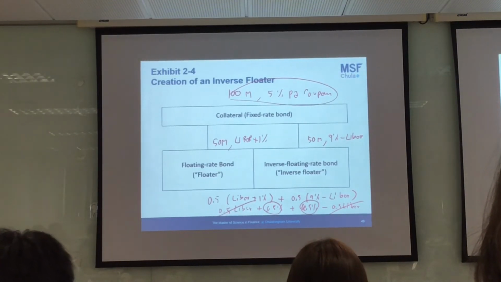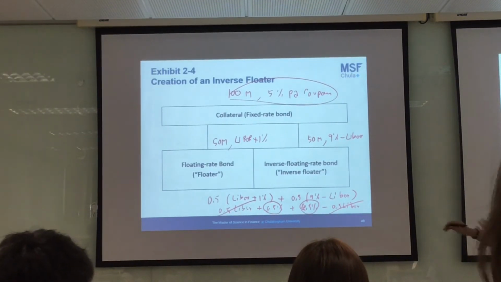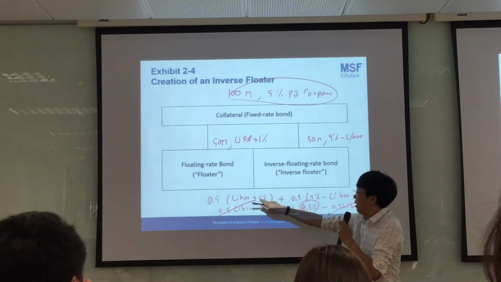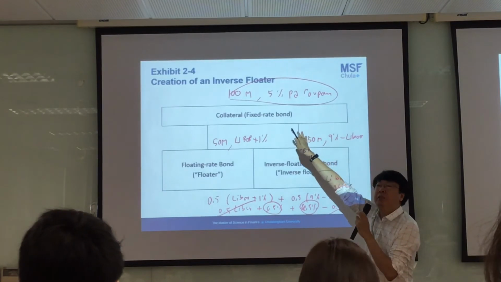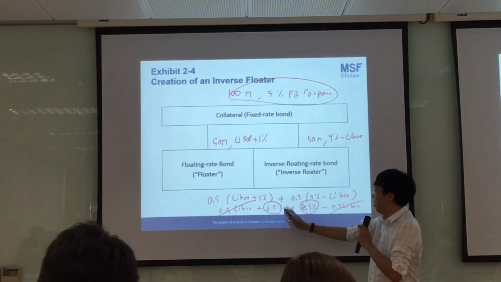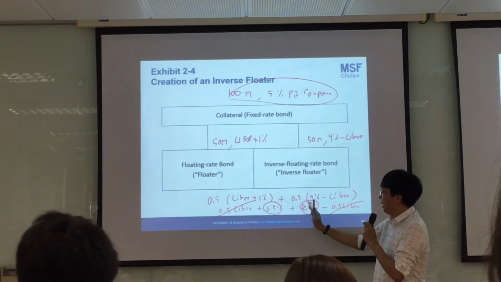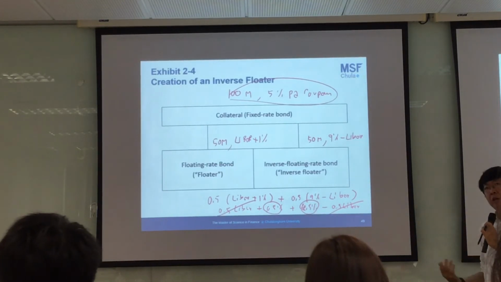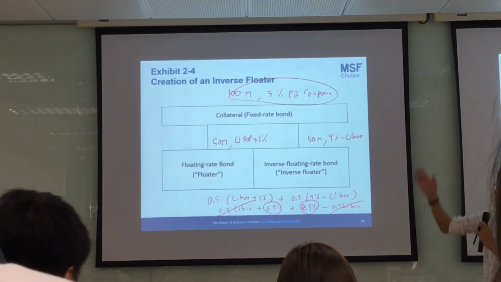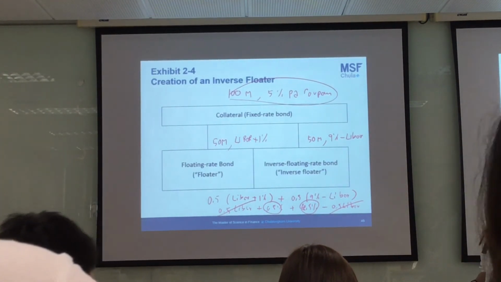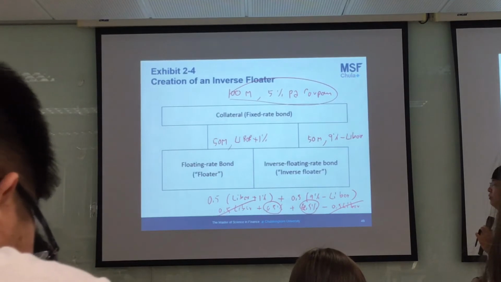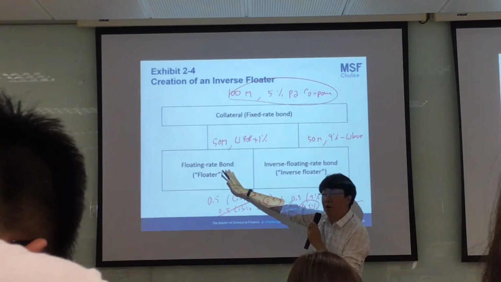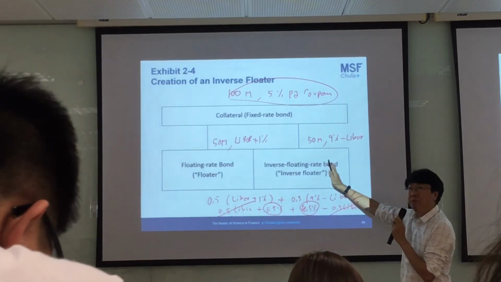However, if the trader wants to get some profit, then they may have to reduce the cost, or the interest, a bit lower than the 5% they receive. But by this construction, you can see that the total cash inflow will cover the total cash outflow, no matter whether LIBOR increases or decreases. Because when LIBOR increases, you pay more for this bond, but you pay less for this one.